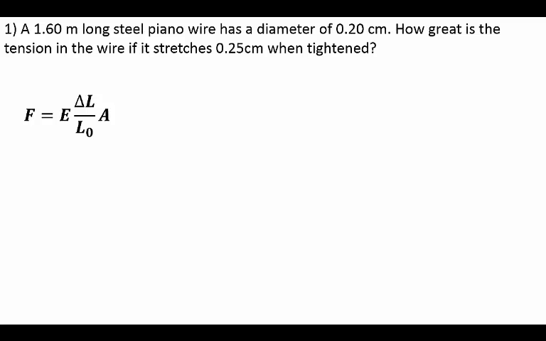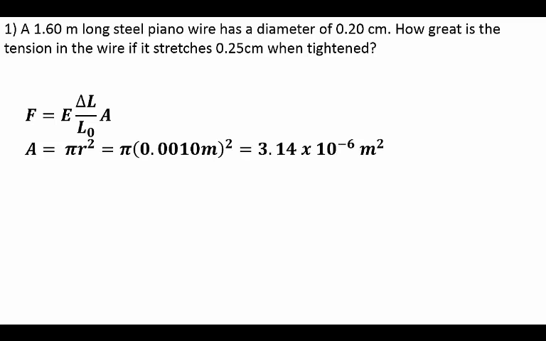And when we talk about area, we're talking about the cross-sectional area. If we look at the cross-section of this piano wire, the area is equal to pi r squared, or pi times a millimeter squared, and that equals approximately 3.14 times 10 to the negative 6 meters squared.